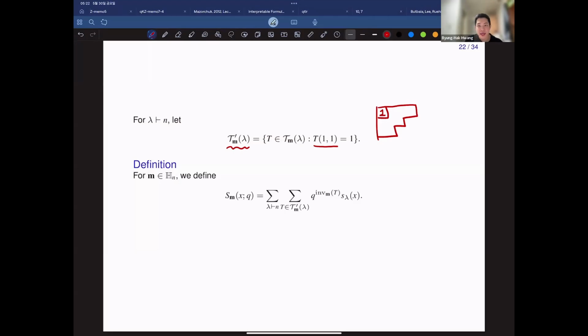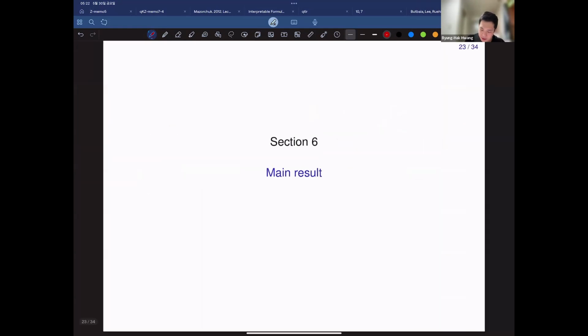Then we define S sub m to be the sum of Schur functions over this new subset of P-tableaux.